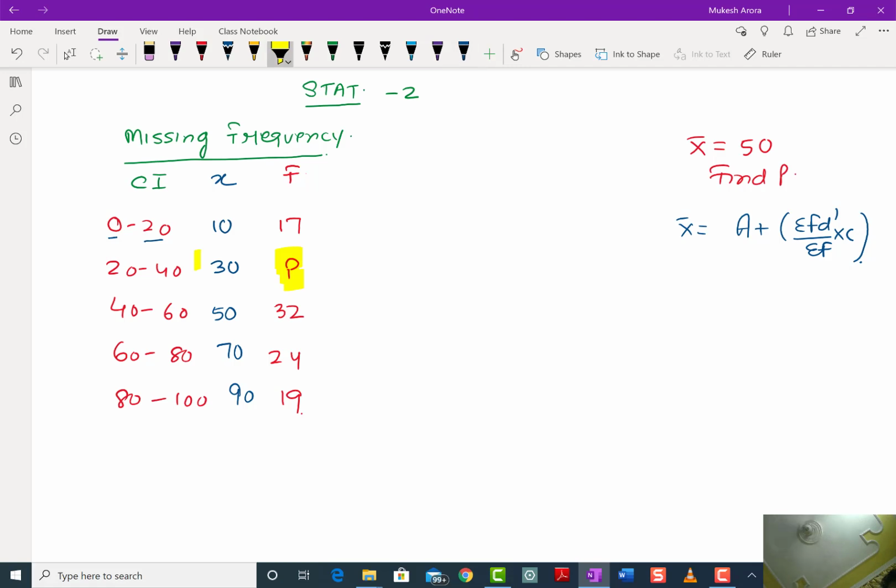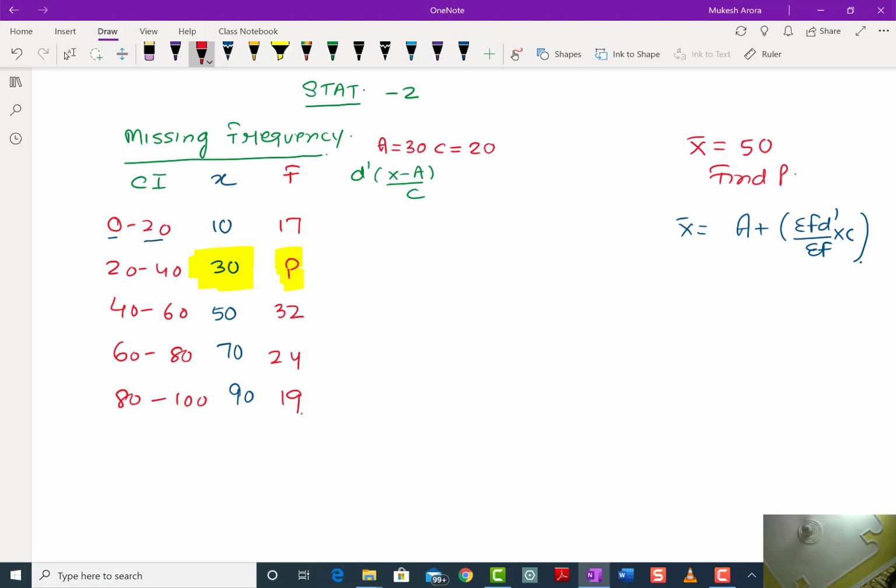Always assume the mean which is in front of the missing frequency. So d dash is x minus A by C, where A we have assumed is 30, and C is the class difference, which is 20, so we divide by 20.